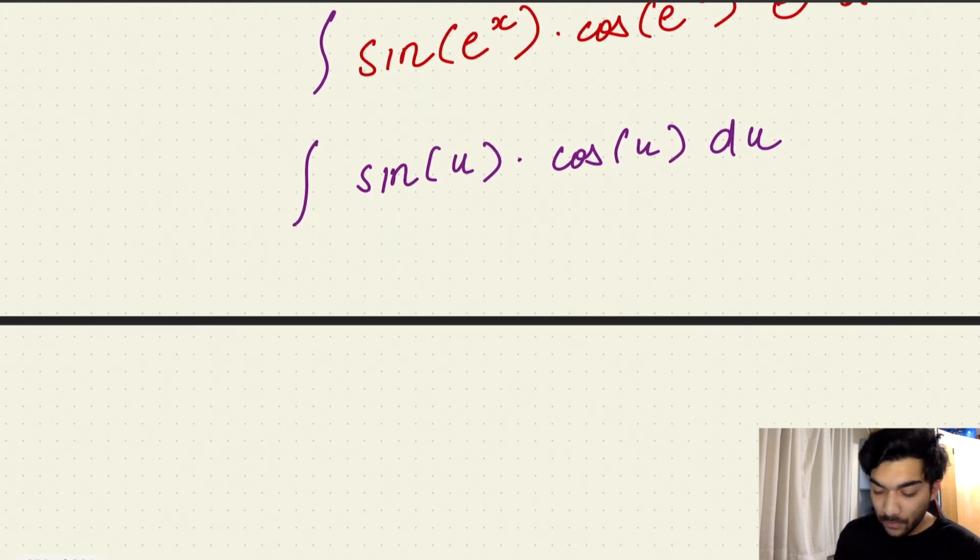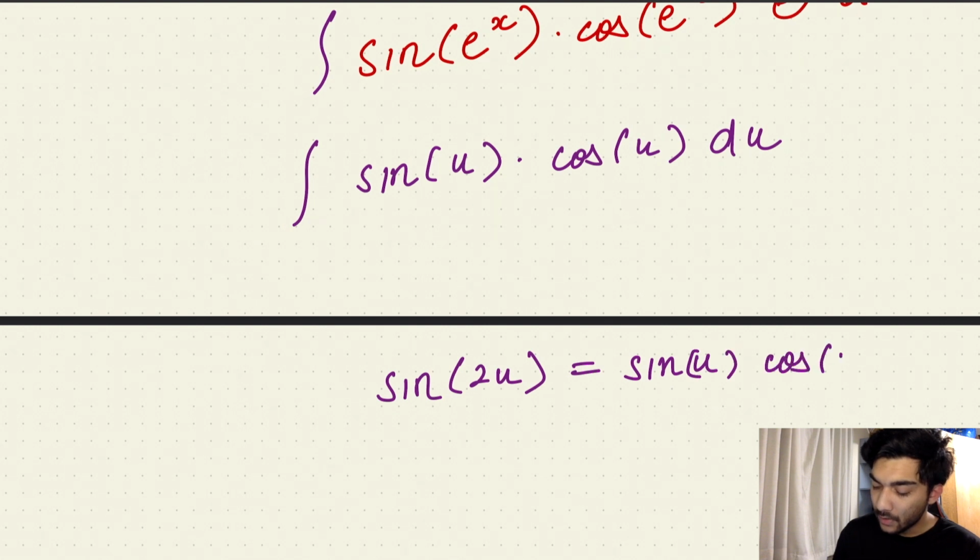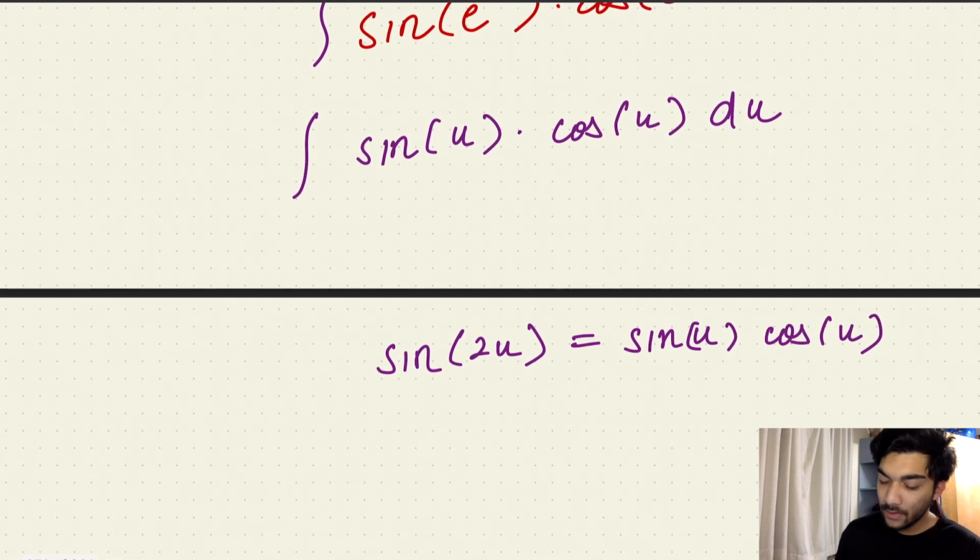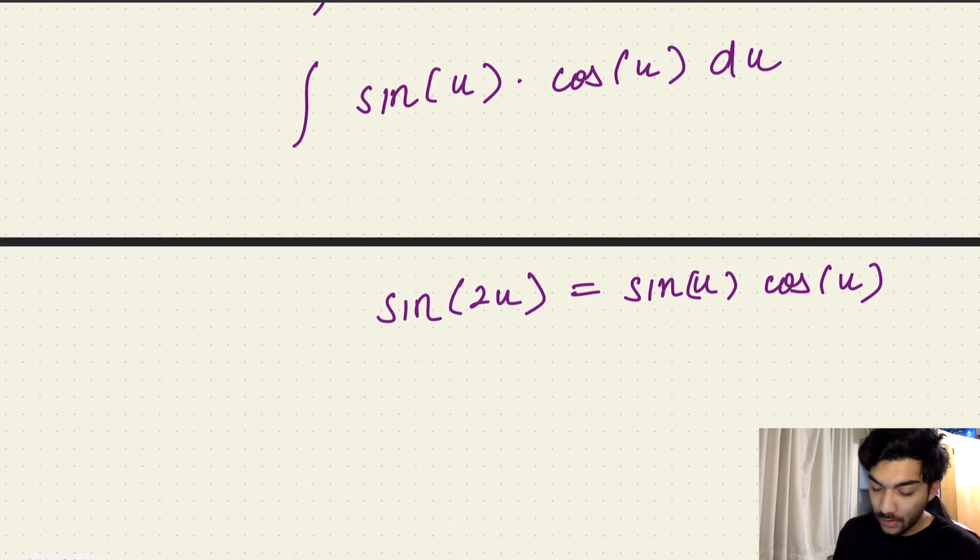And we know another property, the double angle of sine functions. We know that sine of 2u is basically 2 sine u cos u, right? This is the same concept that we also covered in one of the last videos. So we can simply use this formula to calculate the indefinite integral.